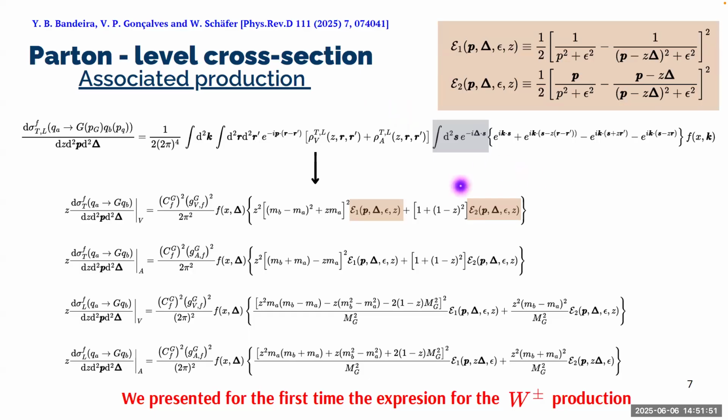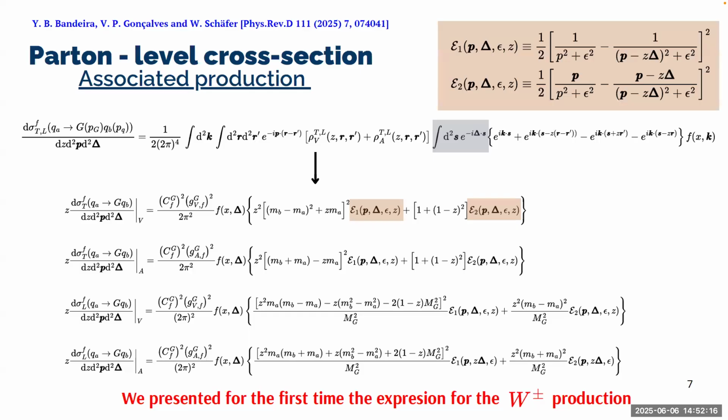Okay, so once more we are able to present generalized expressions for the parton level, and in our main results, for the first time we are able to present the W plus and minus production, or predict that, also in the other case, but in this case we can take the jet, so we can, for example, analyze the angle between them.